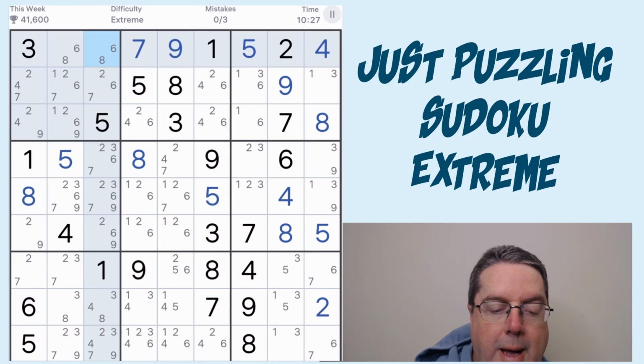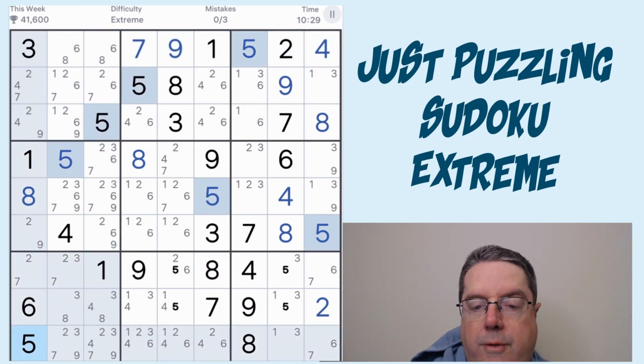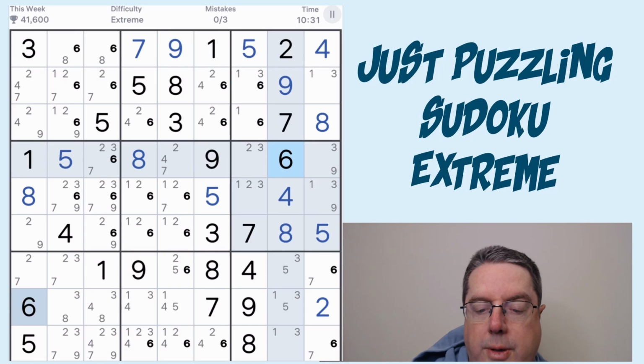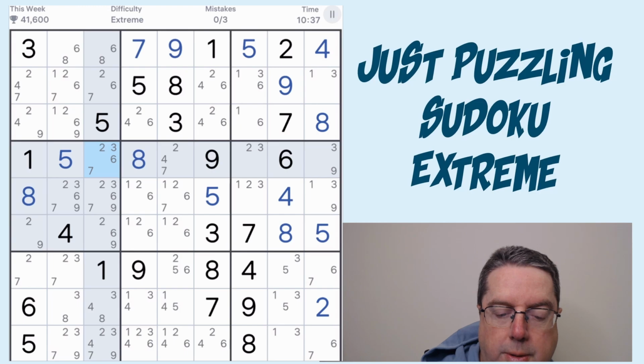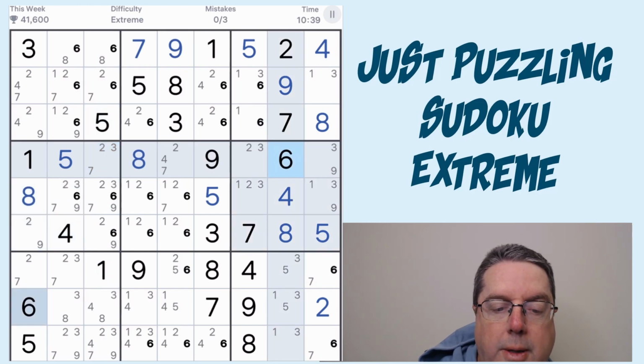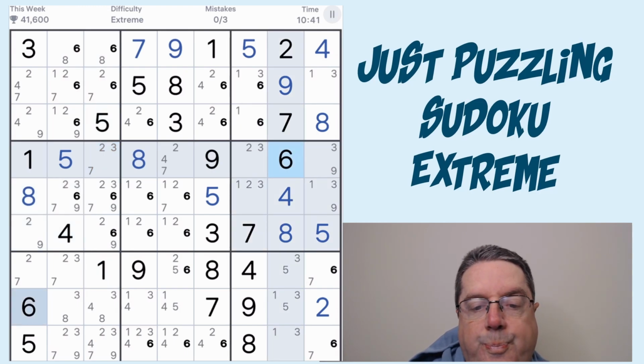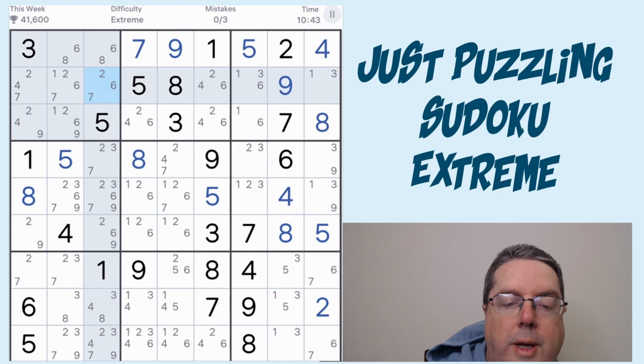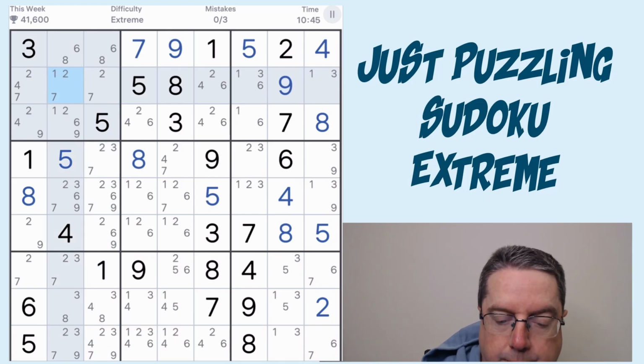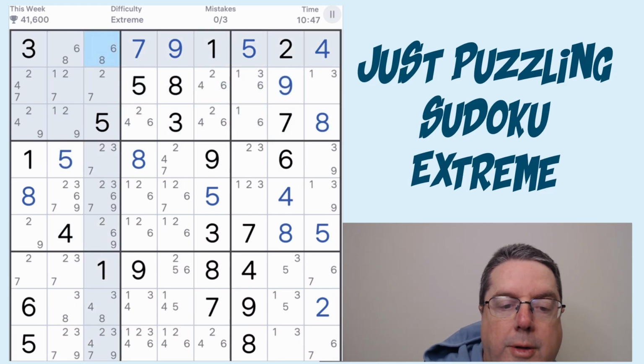So going back to the 5s look right, let's do the 6s, 6 there, 6 there. That can't be a 6, so we'll fix that up. 6. So all of these can't be a 6 because we've got 6 8 there.